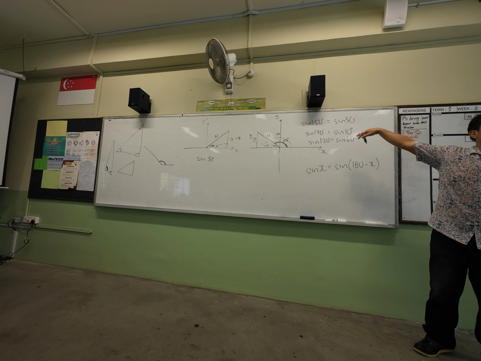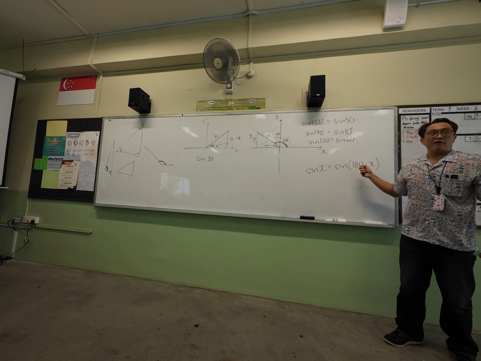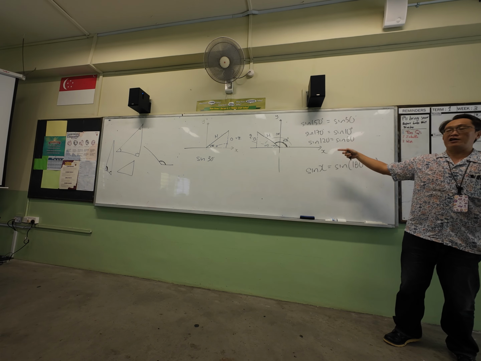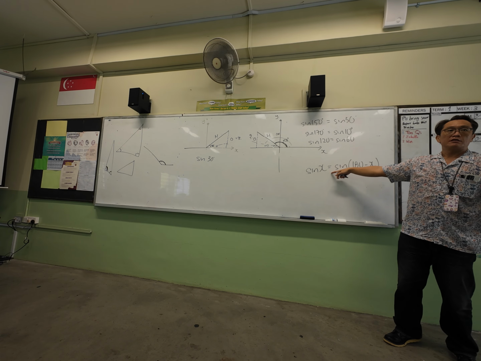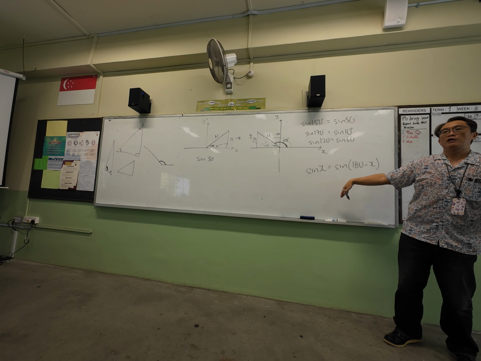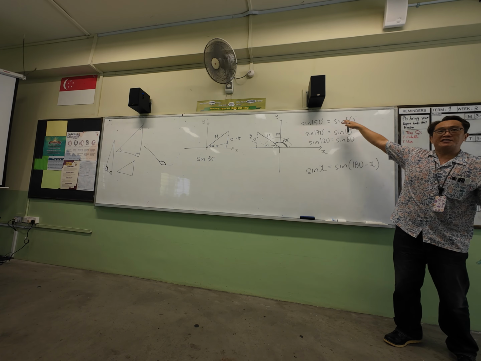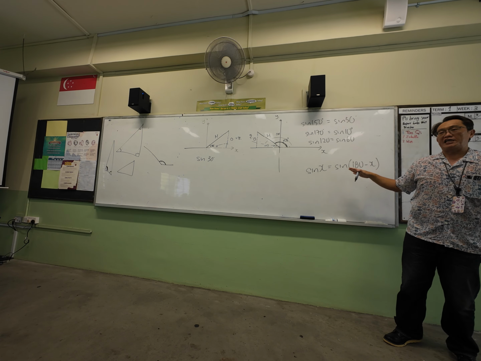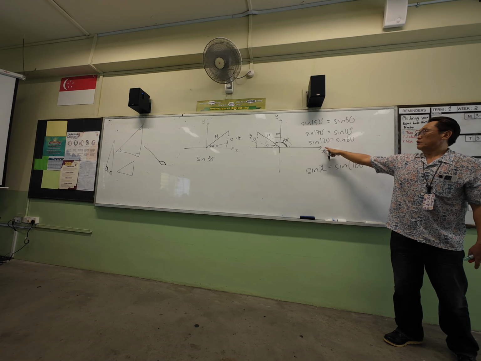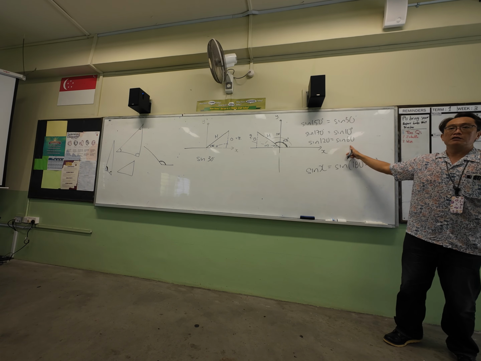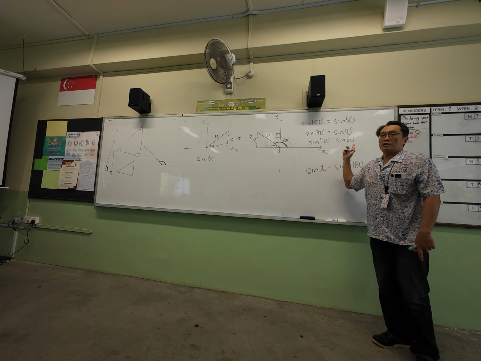Actually, this is what it means. The sine of the obtuse angle will be the same as the sine of the supplementary angle. So if you remember by this, it is easier than remembering your formula in your textbook. The obtuse angle is always the same as the sine.